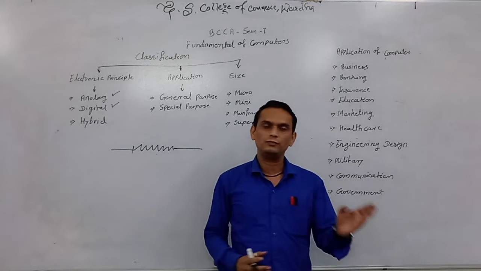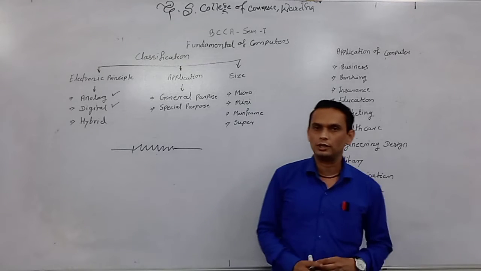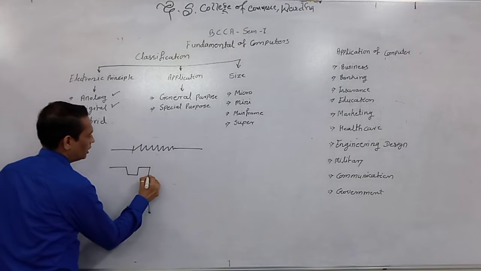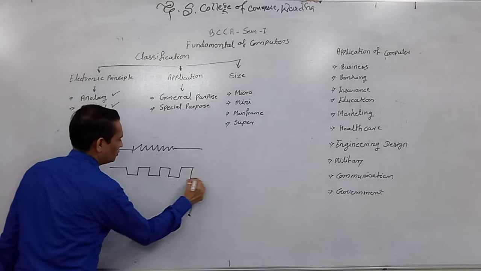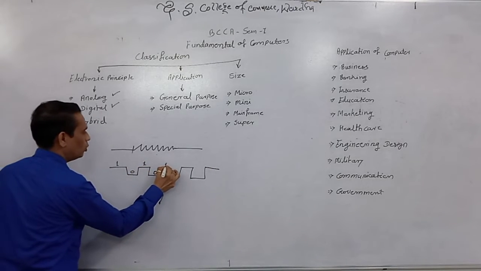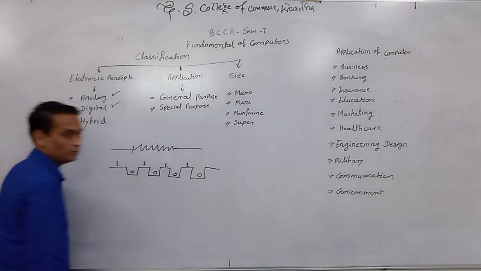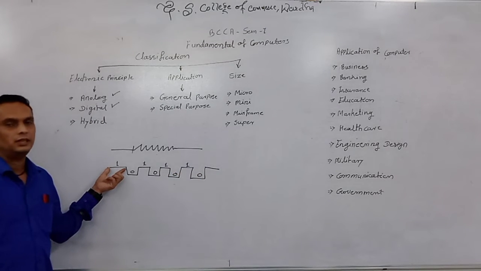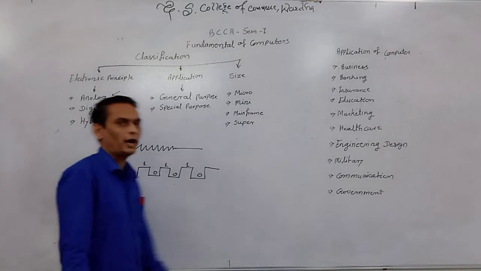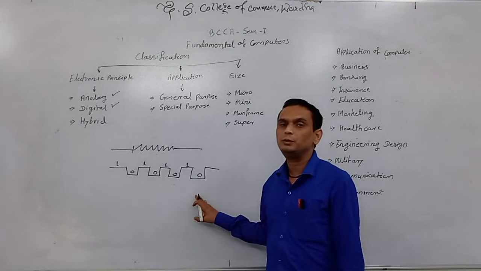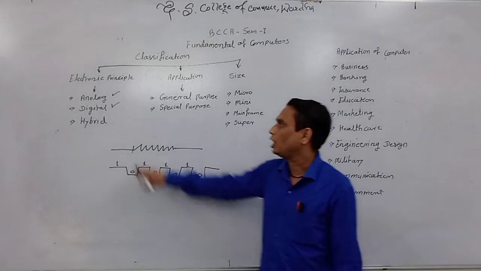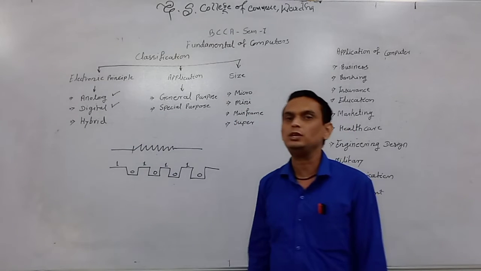Our mobile is a digital computer, because it works on pulses in the form of on and off, represented as 1 0 1 0 1 0. 1 indicates that it is on, and 0 indicates that it is off, meaning it works on binary digits. Binary digits can be represented in the form of 0 and 1, and the digital computer works on that type of data.